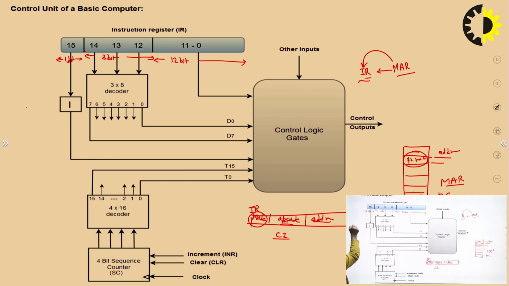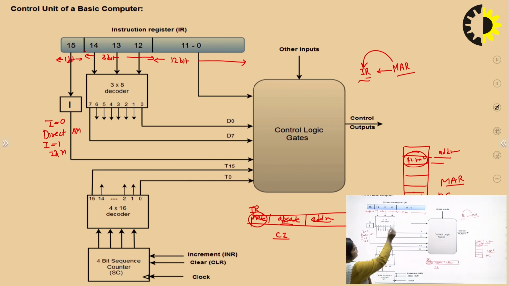If I equal to 0, that is called direct addressing mode. And since I is a single bit value, I equal to 1 means indirect addressing mode. So this is called I.